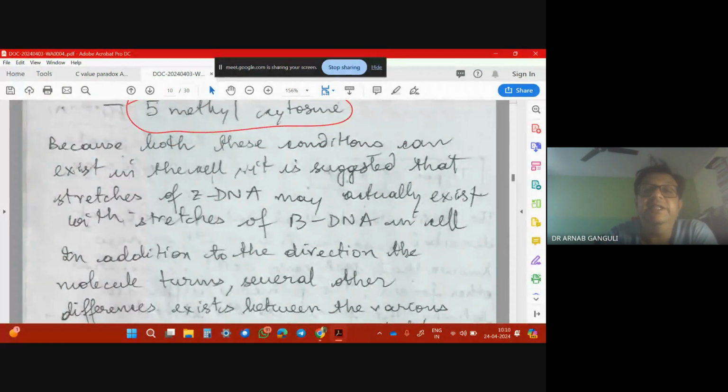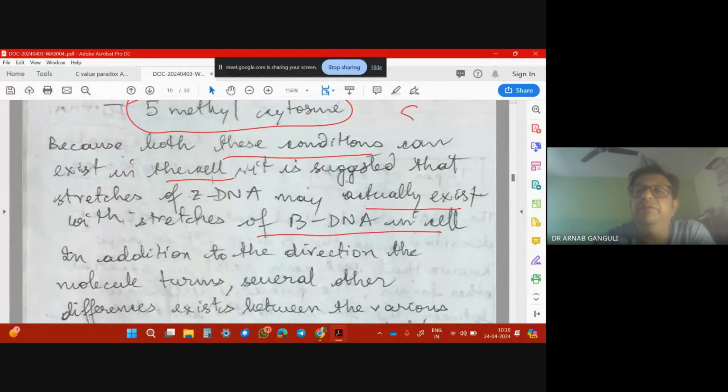These conditions can exist in the cell, but they exist in between stretches of B-DNA. You have lots of B-DNA, then suddenly a little bit of Z-DNA, then again a B-DNA stretch. It works like this.